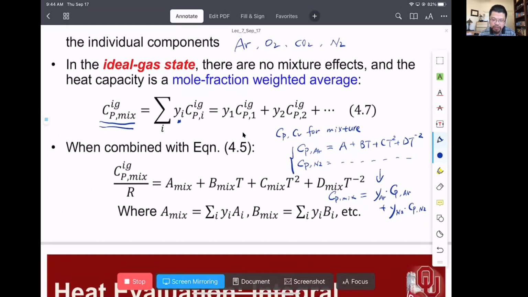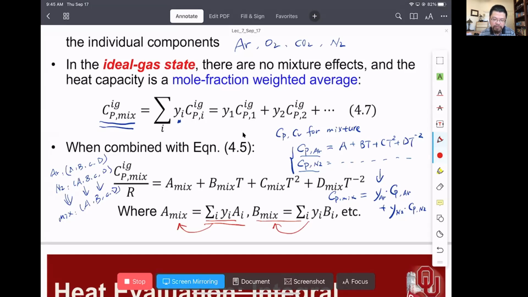Instead of calculating the individual Cp of argon and Cp of nitrogen, we take the argon A, B, C, D values and the nitrogen A, B, C, D coefficients and figure out the mixture A, B, C, D. You can see that we are still using the mixing rule with their molar fractions to figure out A mix, B mix, and so on.